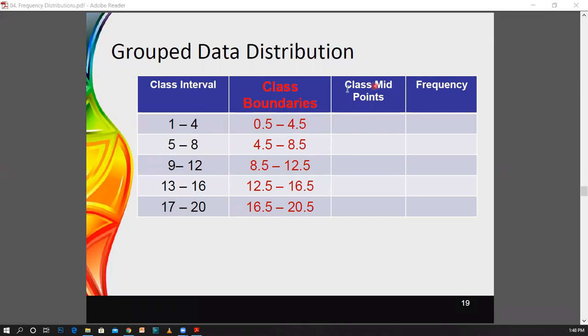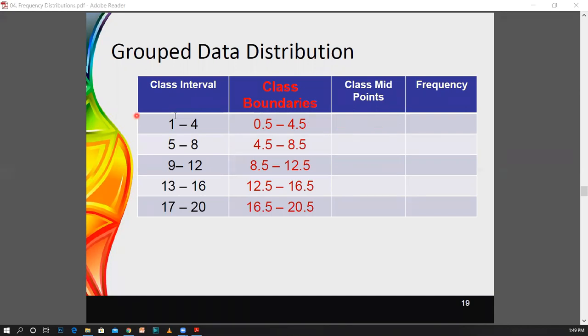And if you need to calculate the class midpoint, actually this is an additional part for making this grouped data distribution, but actually we need class intervals, class boundaries, and the frequencies only. But anyhow, I am discussing this part, class midpoint. To obtain the class midpoint, the easiest way is to add these two class boundaries and divide by 2.